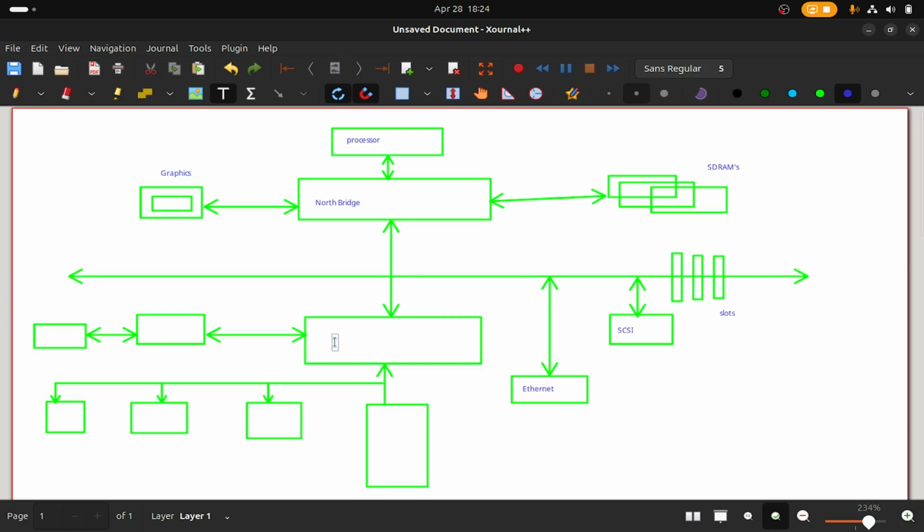That is the South Bridge. That is something called IDE. That is an interface towards some CD, hard disk. Again, that is also IDE.